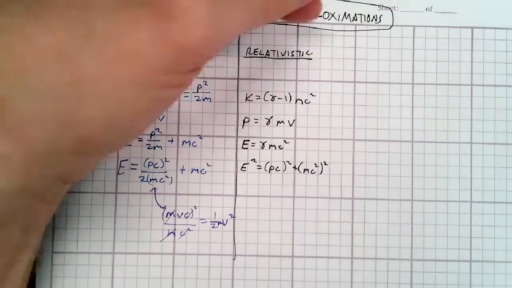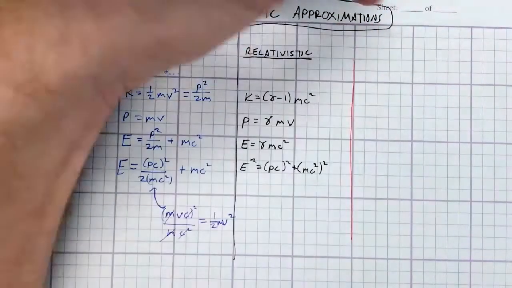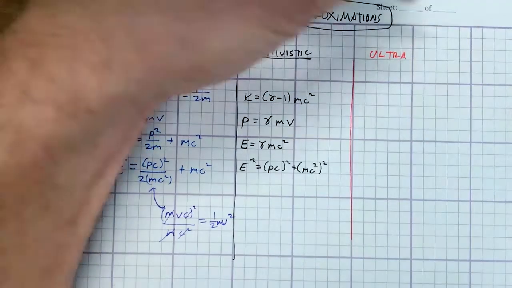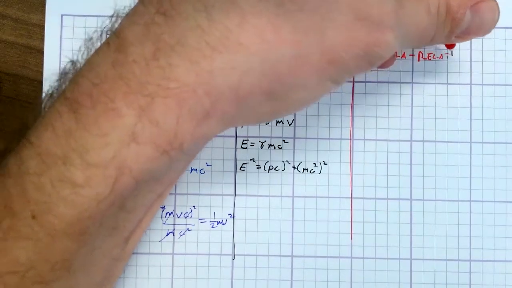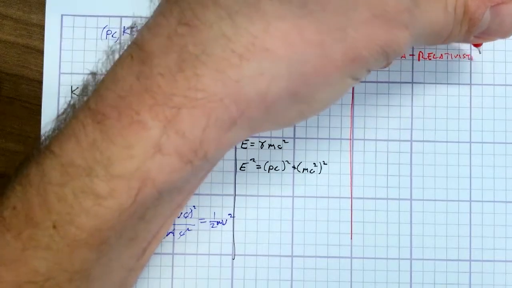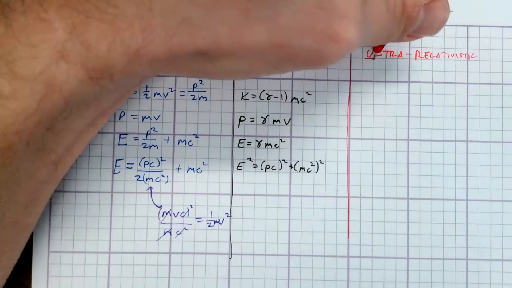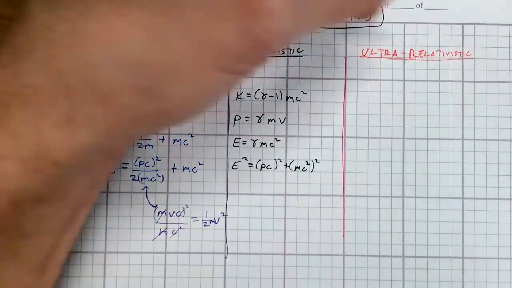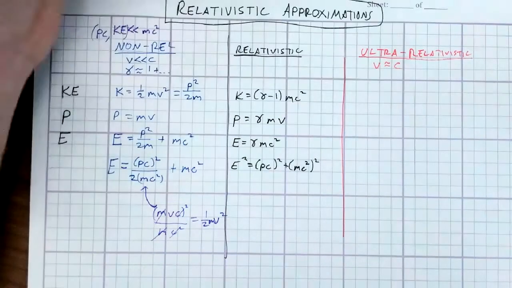Now, if I start going extremely fast, life actually becomes easier again. So I'll do this in red because we're going really, really fast. We've got a really hot particle. So ultra-relativistic. Now, in this case, we can approximate our way to victory. So what have I got? Well, v is going to be approximately equal to c.